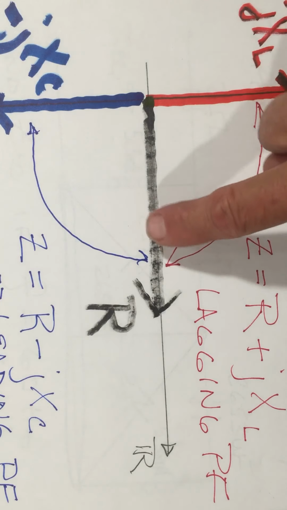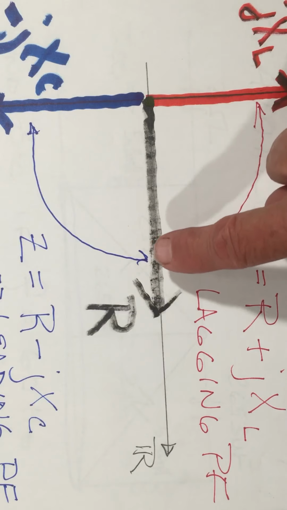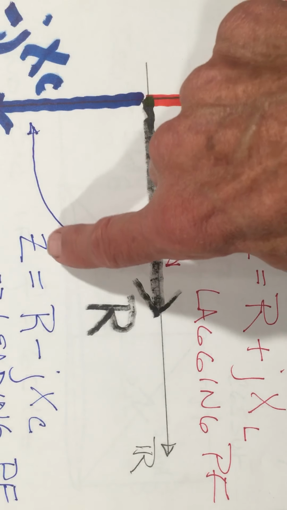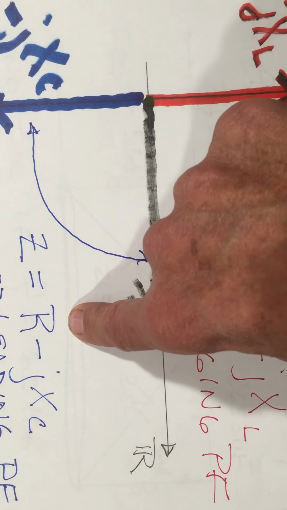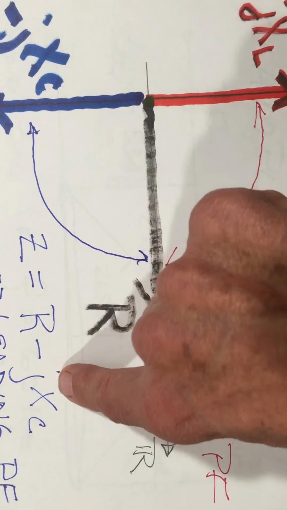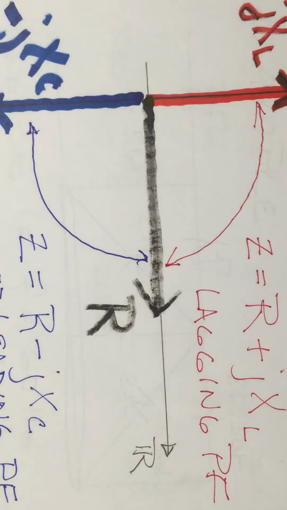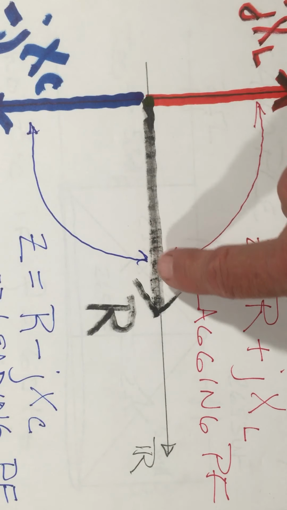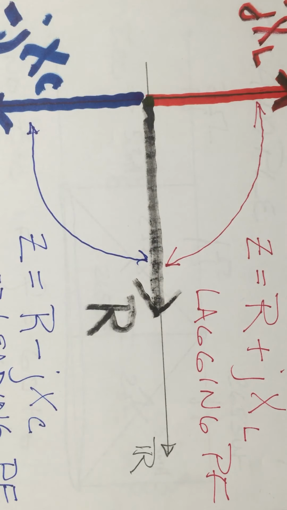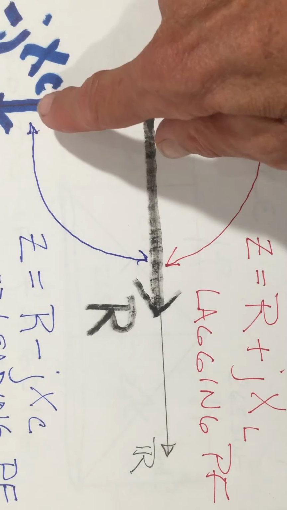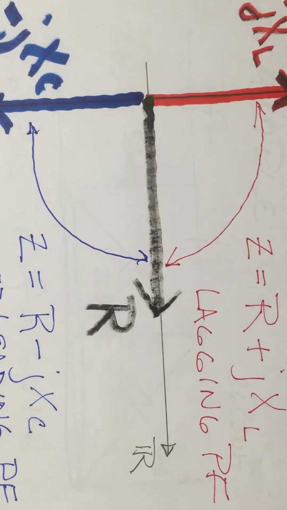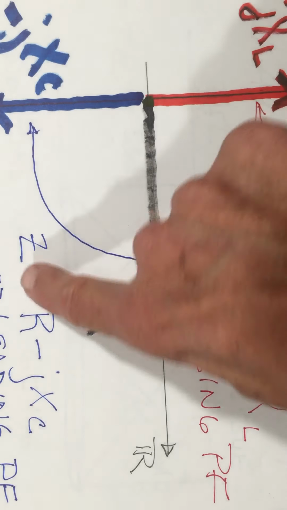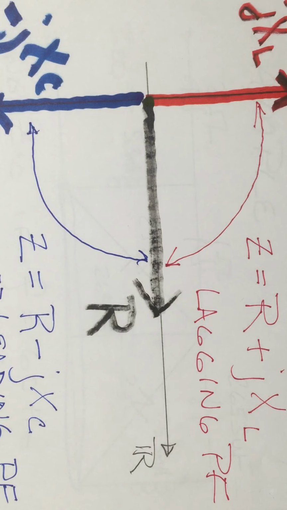On the other hand, you could also have a purely resistive network, or you could have a capacitor impedance and a resistor. So this would be an R minus jXC network, and it can be anywhere slightly less than 0 degrees all the way to slightly greater than minus 90 degrees. And that's called a leading power factor network.